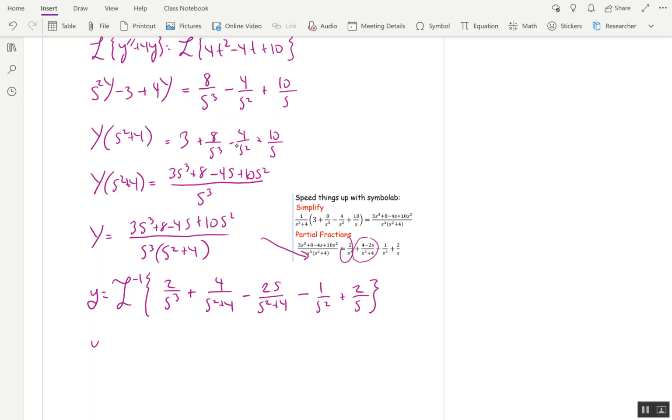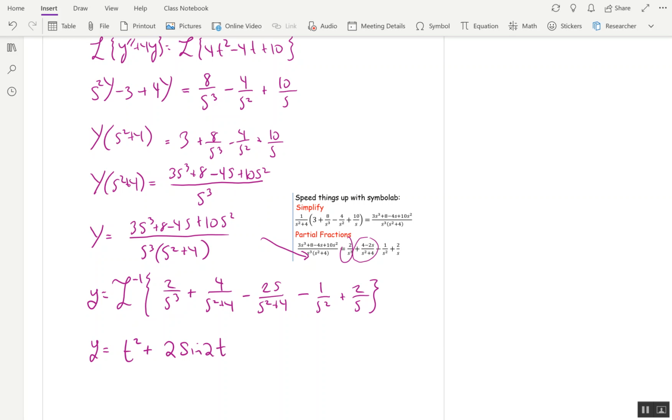All right, and so y equals t squared plus the next one, since there's no s on top, that's going to be a sine, and b is 2. So that's going to be 2 sine 2t, and that's formula, I'm looking, that's number 6.